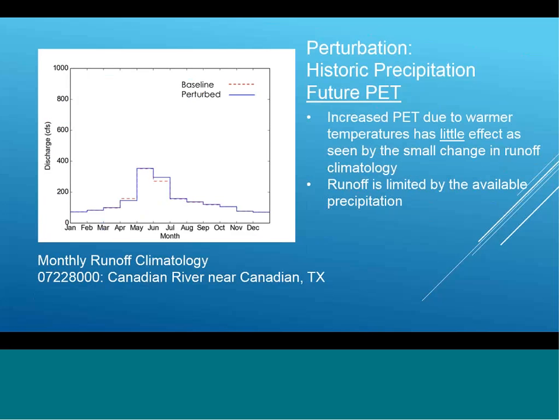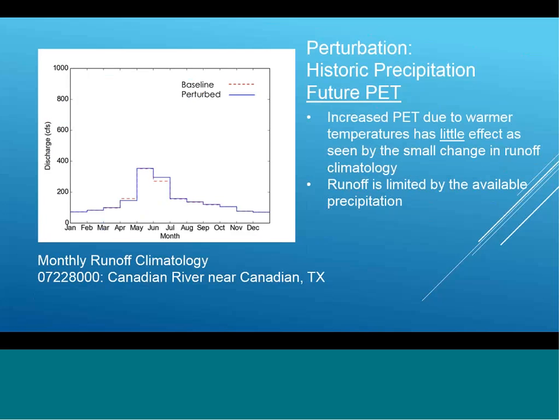Now you see the next perturbation, where we leave the precipitation the same as the historic period but alter the evapotranspiration due to warmer temperature, and we see very little effect. You can see that the baseline and perturbed lines are very similar, and again, that's near Canadian at a USGS gauging station.